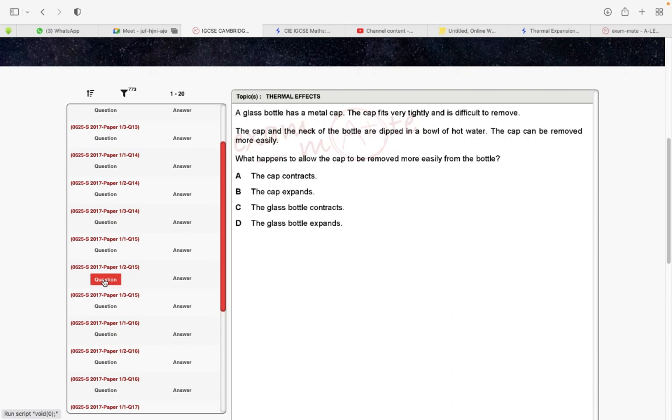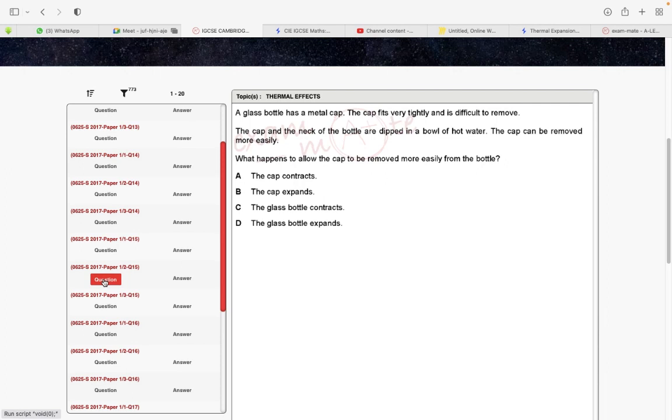Now a glass bottle has a metal cap. The cap fits very tightly and is difficult to remove. Now the cap and the neck of the bottle are dipped in a bowl of hot water. Now the cap can be removed more easily. What happens to allow the cap to be removed more easily from the bottle? A. The cap contracts.